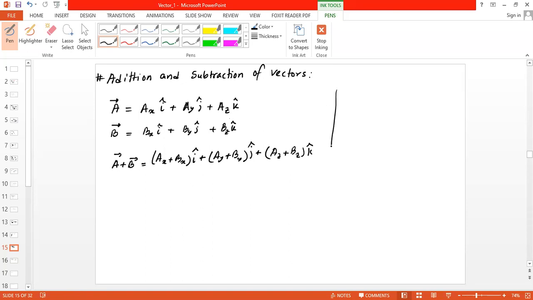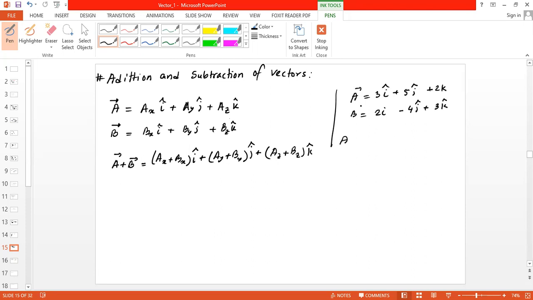So likewise, let's say I have vector A equal to 3i plus 5j, and another vector B equal to 2i minus 4j plus 3k. Let's say here it is 2k.